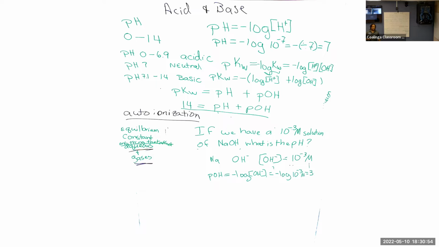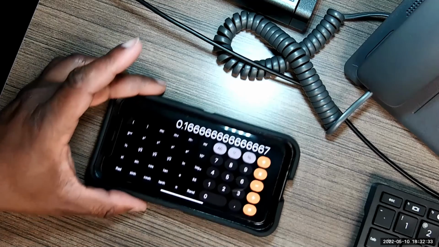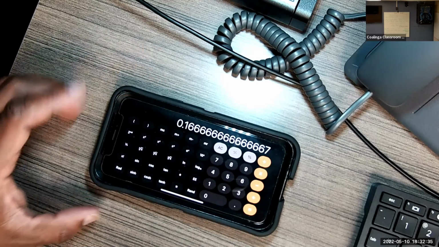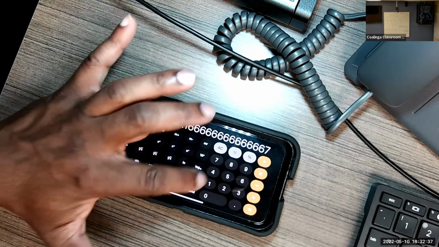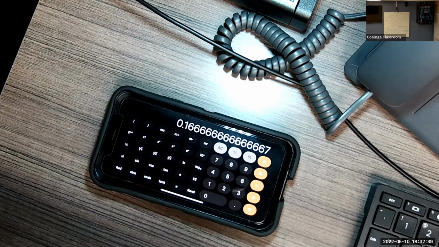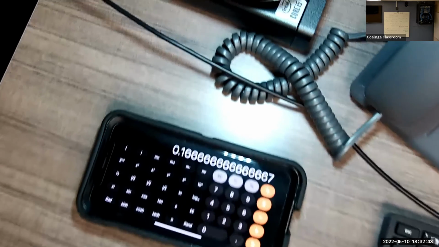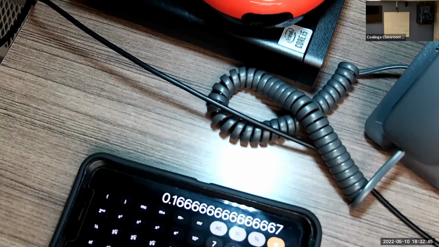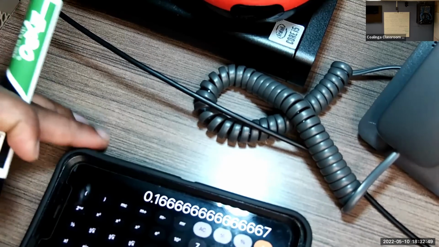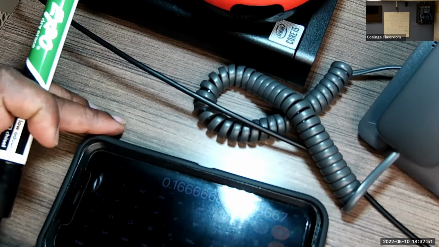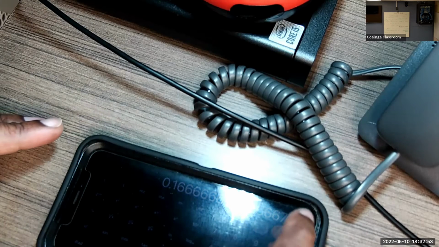So on your calculator, you have a function that says log. Let me pull out mine. So the log is right here, log base 10. It's a little delayed. Hold on.